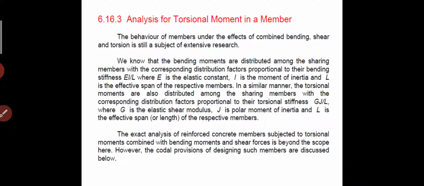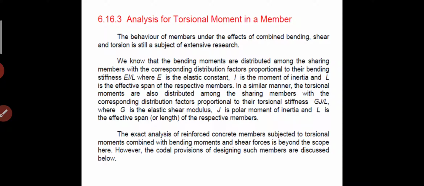In a similar manner, the torsional moments are also distributed among the sharing members with the corresponding distribution factors proportional to torsional stiffness GJ upon L, where G is the shear modulus, J is the polar moment of inertia, and L is the effective span of the respective members.